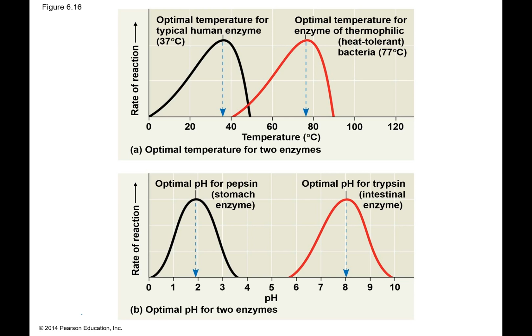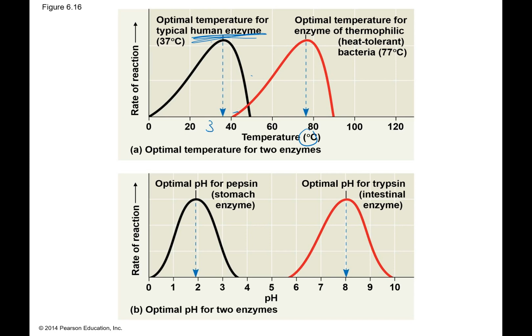So here's two examples of environmental factors affecting enzyme activity. The top one is temperature and the bottom one is pH. So it's different for different enzymes. Here's an example at the top with temperature. So here's an enzyme that is inside of a human, and the x-axis down here is in Celsius.